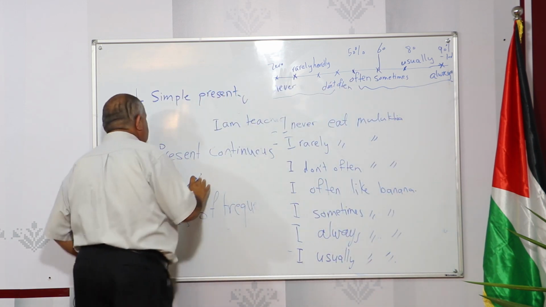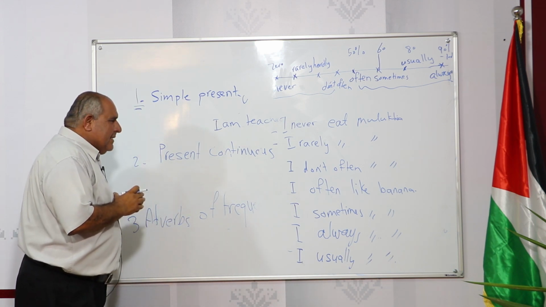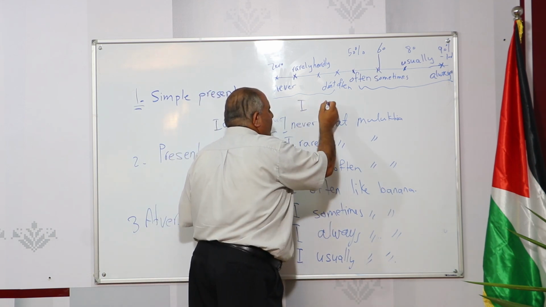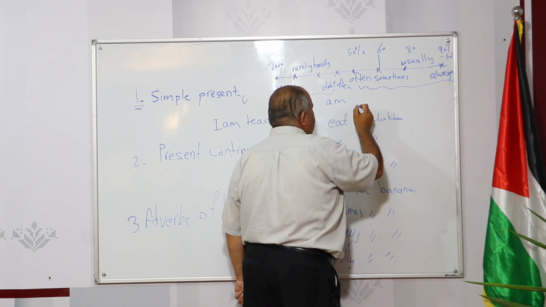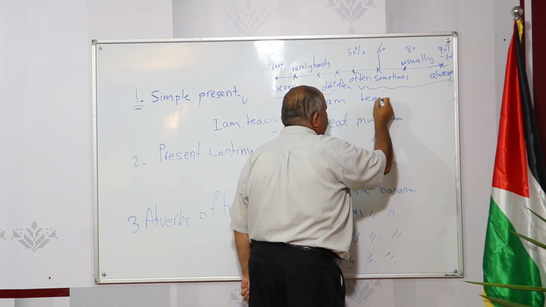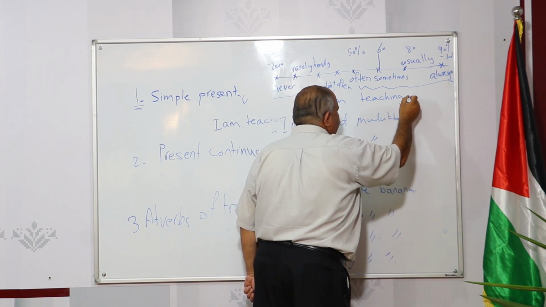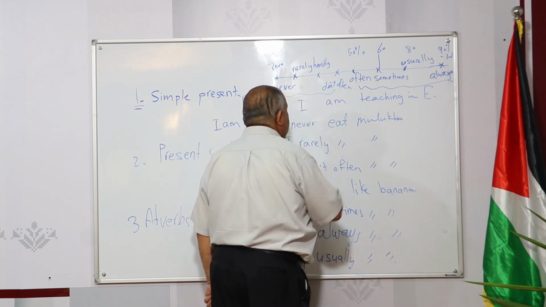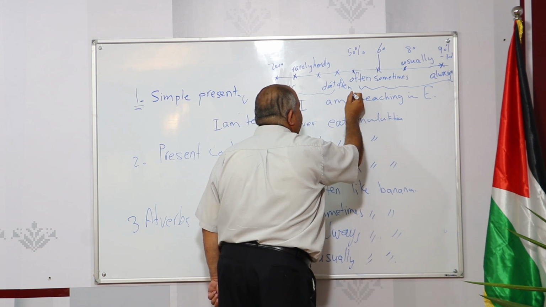Now, if you have a verb to be in the sentence, like for example, I am teaching in English, you put these adverbs of frequency after verb to be.